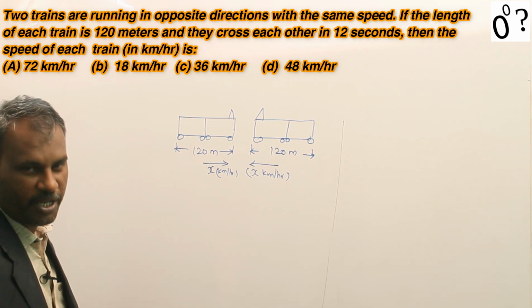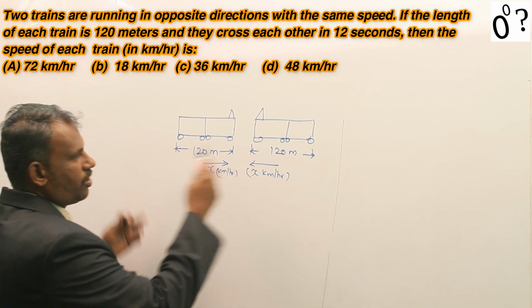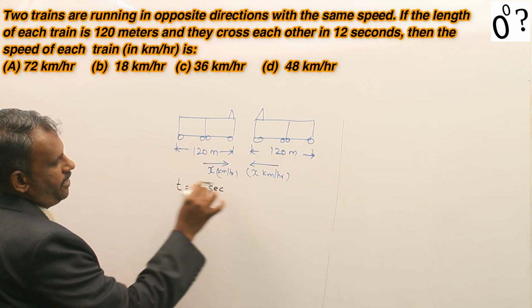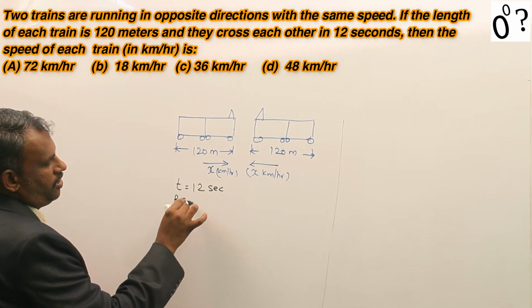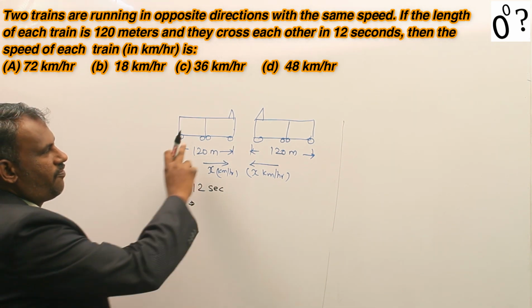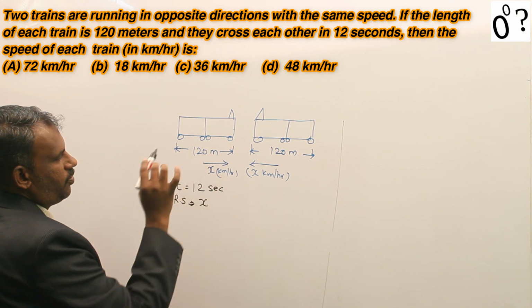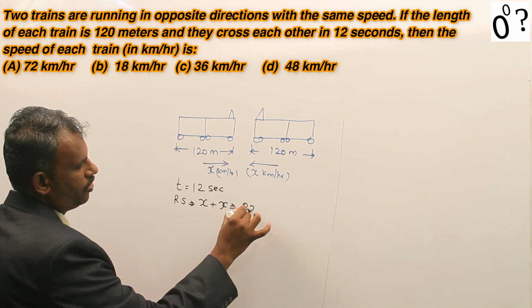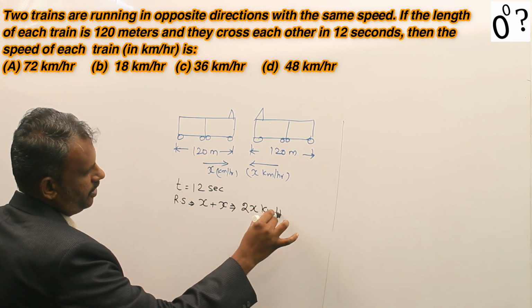So the time taken by both the trains to cross each other is 12 seconds, and the relative speed is equal to the summation of both the train speeds. Here train 1 speed is equal to x and the other train speed is equal to x. So we get 2x km per hour.